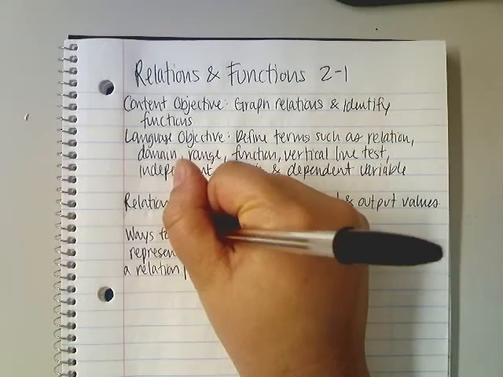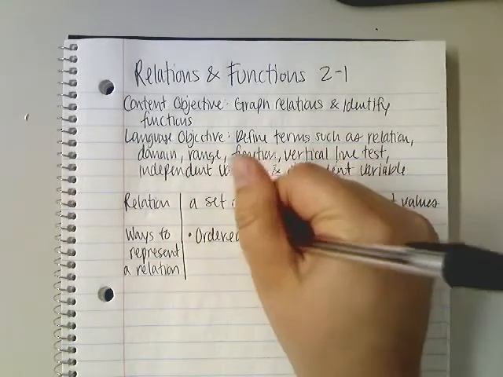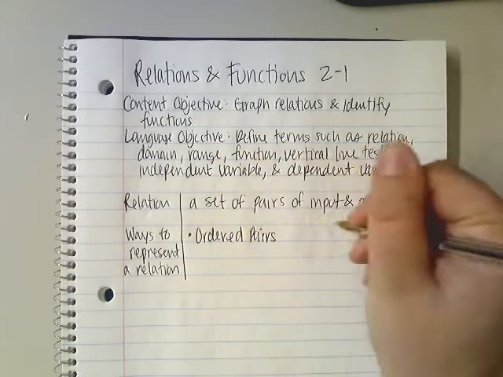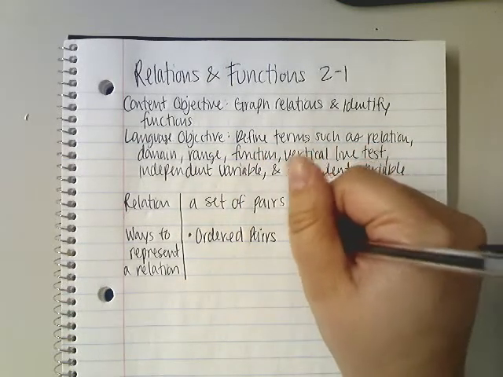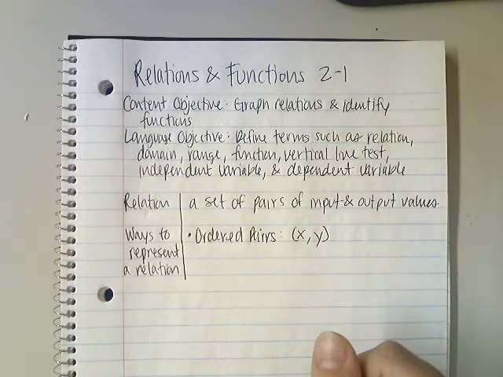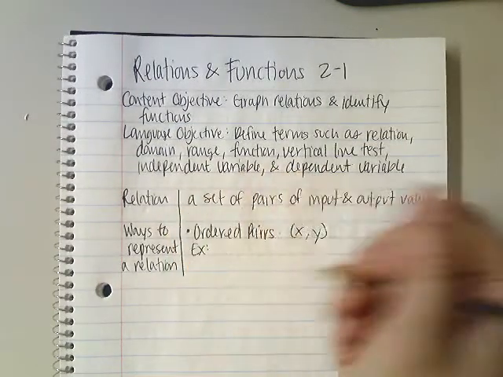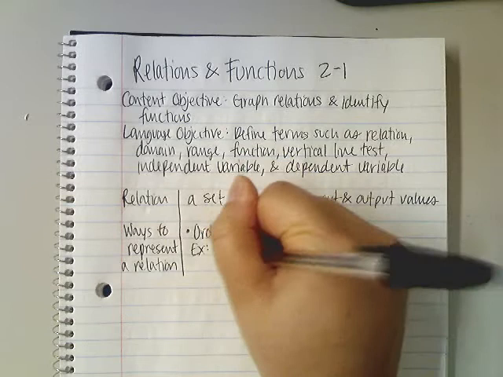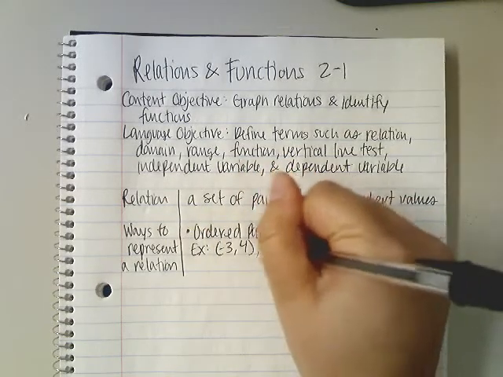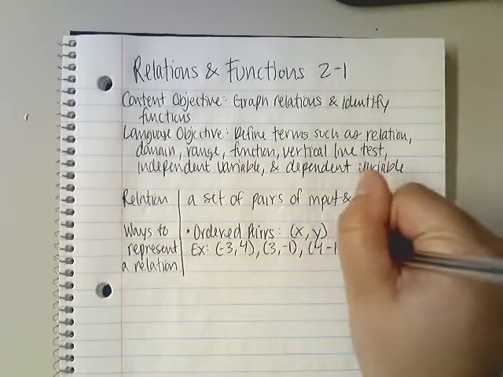So one way that we can represent a relation is through ordered pairs. You probably have worked with those before, but those are written in the form (x, y) in parentheses as such. So an example of this, of a relation, could be (-3, 4), (3, -1), (4, -1).